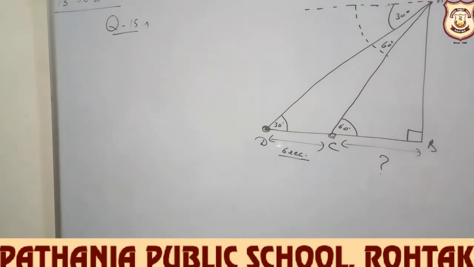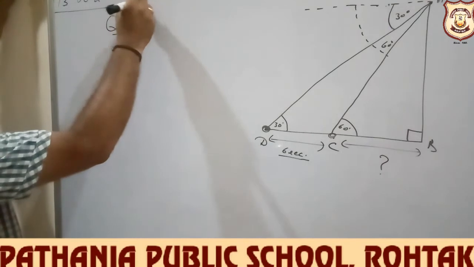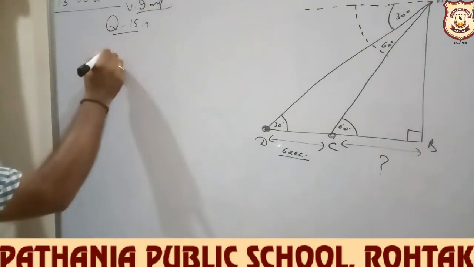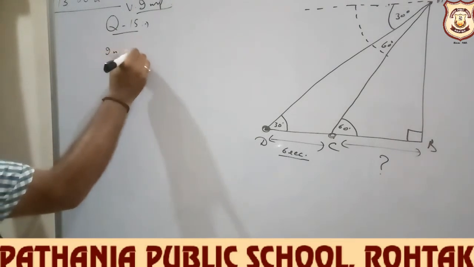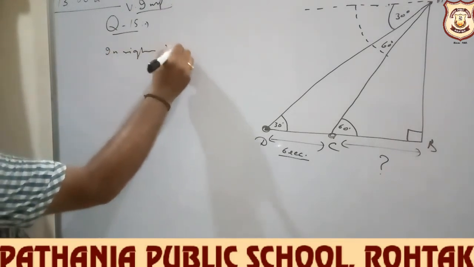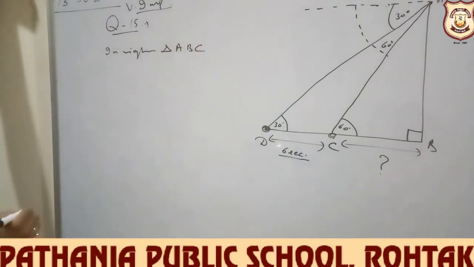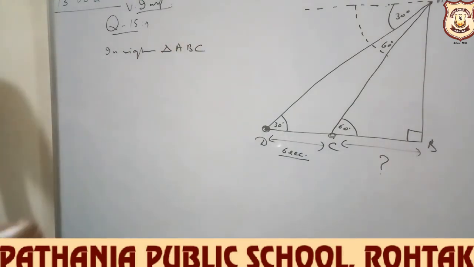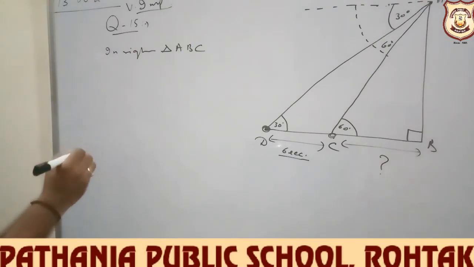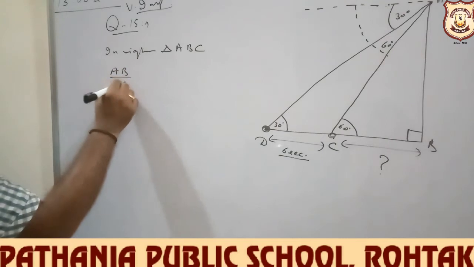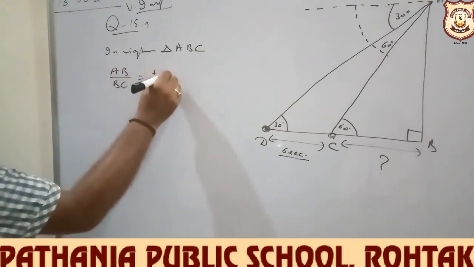So see, this question is very important from the exam point of view, board exam point of view. In right angle triangle ABC, see students, AB upon BC equal to tan 60 degrees.